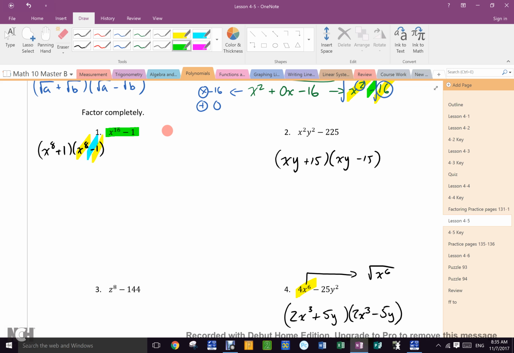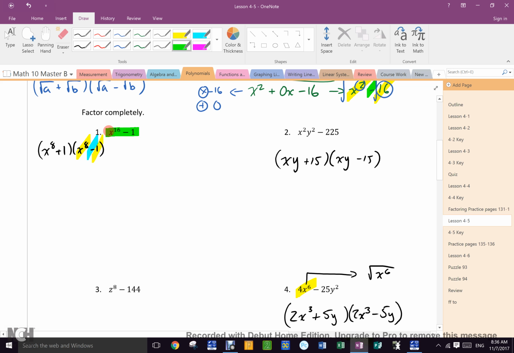Does the green highlight thing look like the yellow, blue, and yellow highlight thing? What do you see in common between them? I see a difference. I see a 1. And I see a first term with a similar exponent, yes?